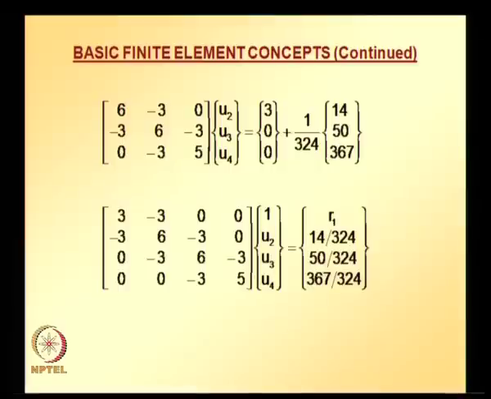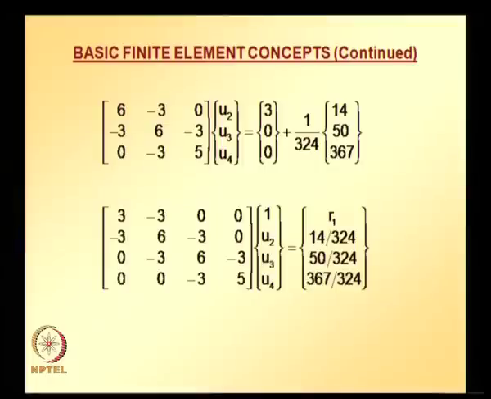So you just keep in mind, wherever you have a known nodal value, the corresponding location in the force-like vector is going to be unknown. Okay. Here u1 is known, that is, the essential boundary condition is specified. So the corresponding location in the force-like vector is going to be unknown.